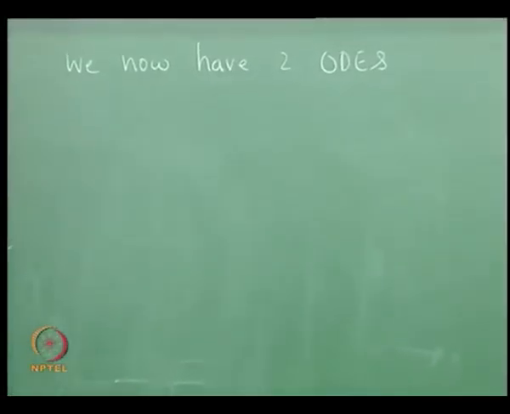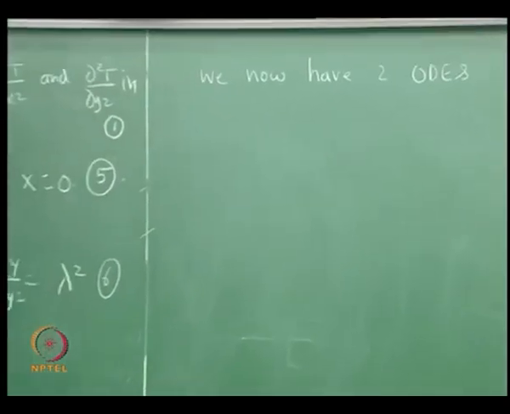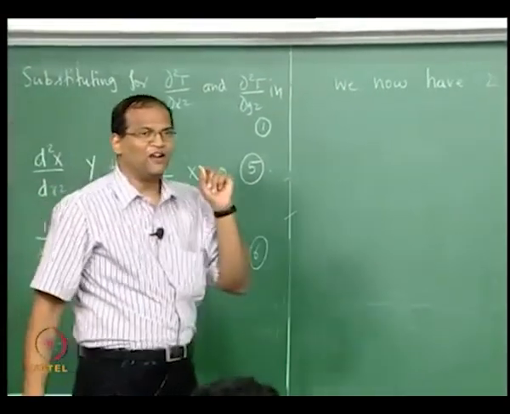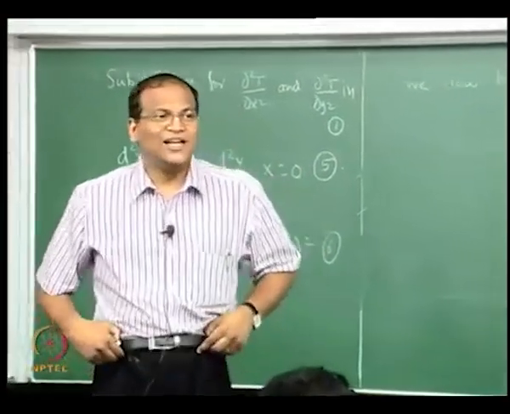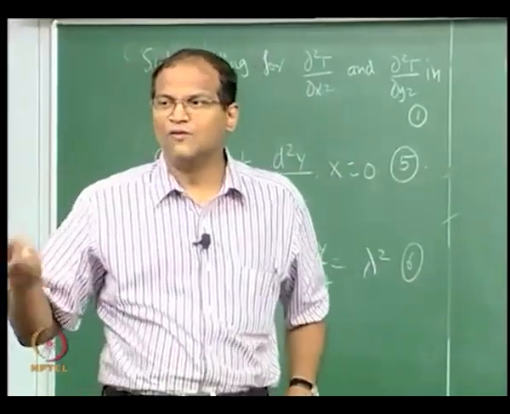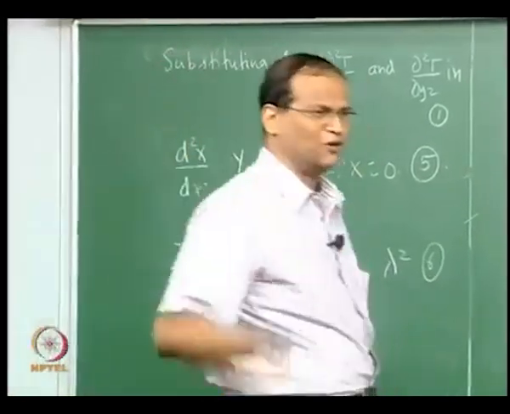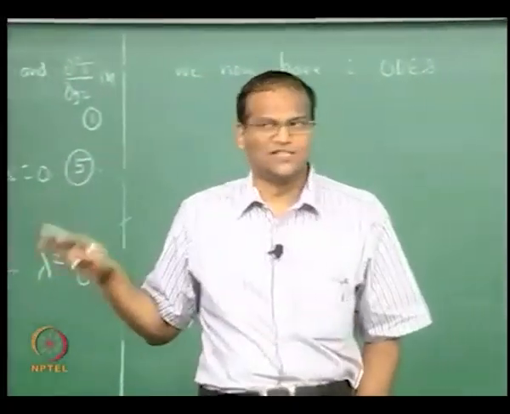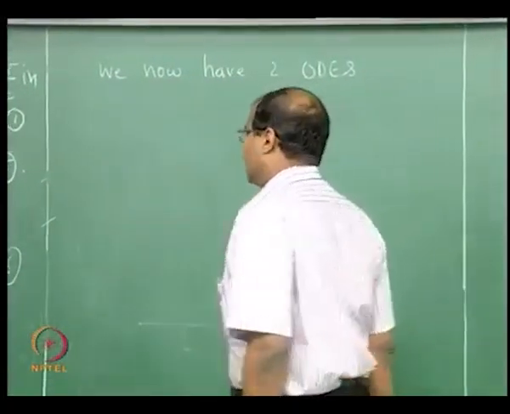The del squared T by del x squared and del squared T by del y squared became d squared X by dx squared and d squared Y by dy squared, because we made a very major assumption that T can be written as a product of X into Y. That is possible for a linear partial differential equation with homogeneous boundary conditions. What this homogeneous is, I will come to it. Now we can solve this.